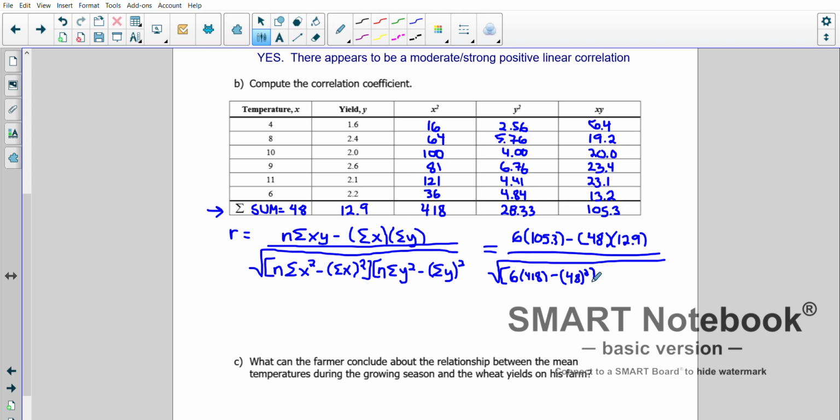Close that bracket. Open up the new bracket. It's going to be n, so it's 6, times the sum of the y squareds, which is 28.33, minus the sum of y, which is 12.9, squared. Close the bracket. So there's your denominator.